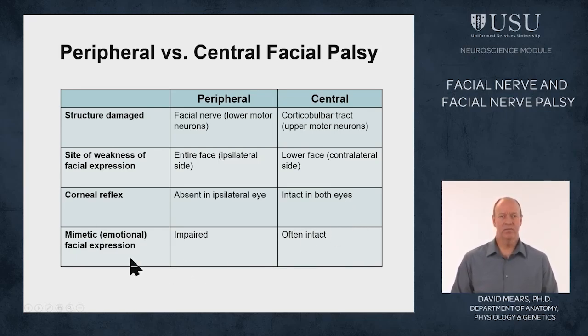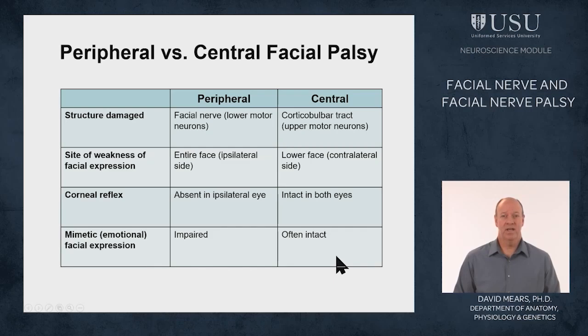There's also a difference between these two conditions in what is known as mimetic or emotional facial expressions. These are the facial movements that we make in response to emotional stimuli. So they're sort of involuntary things like smiling, laughing at a joke, frowning, expressions of fear, and so forth.